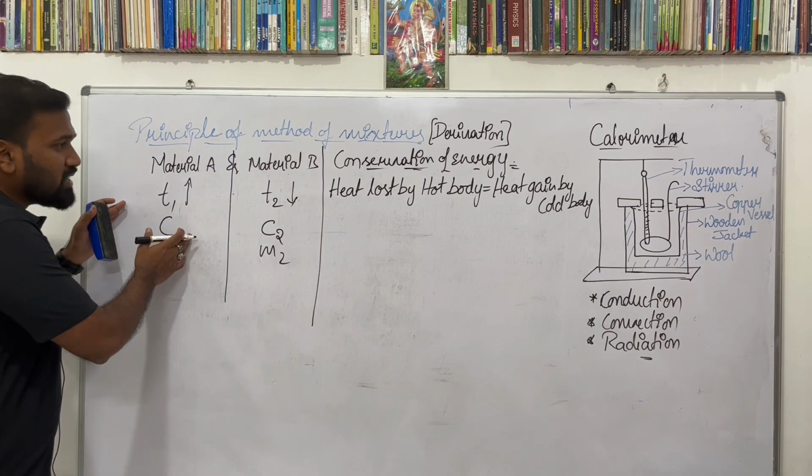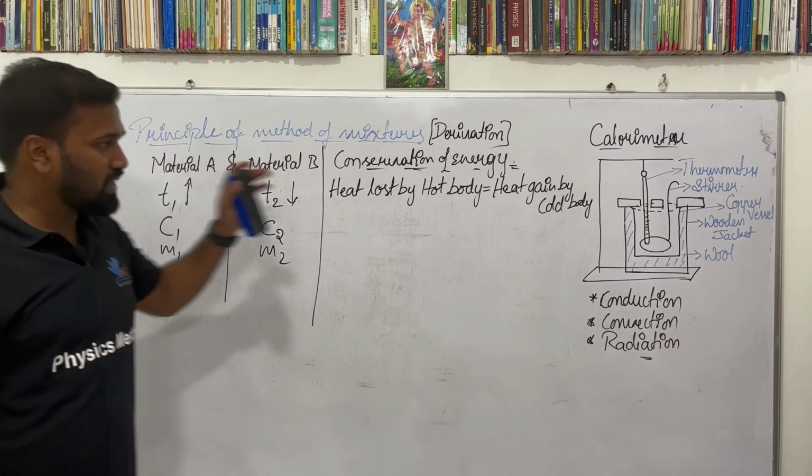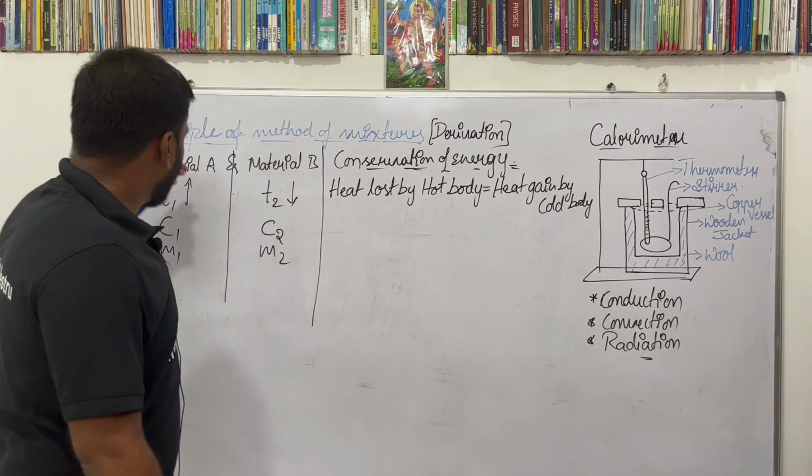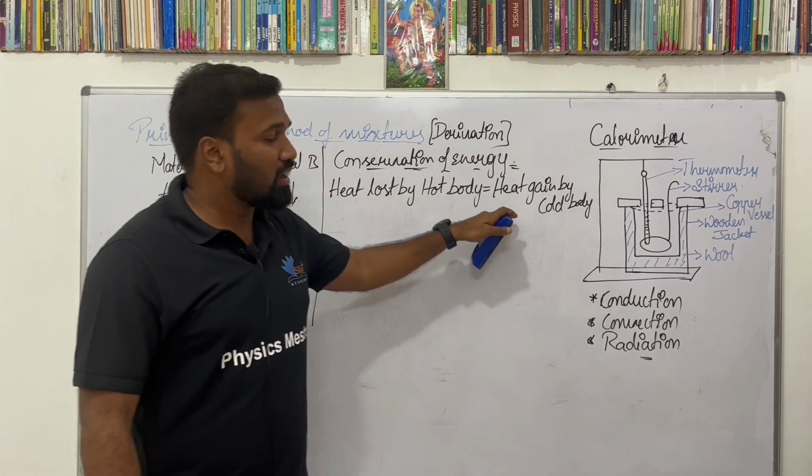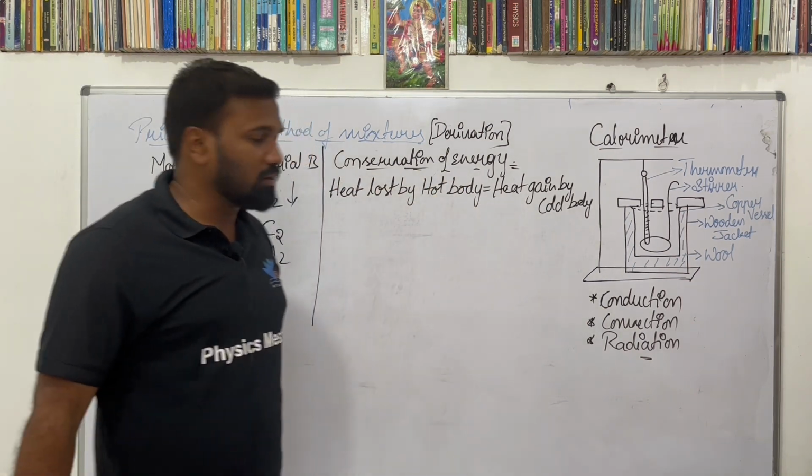Material A is the hot body and material B is the cold body. The energy lost by material A will be equal to the heat energy gained by material B.